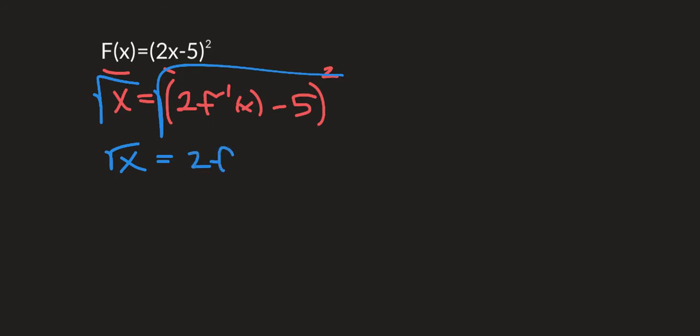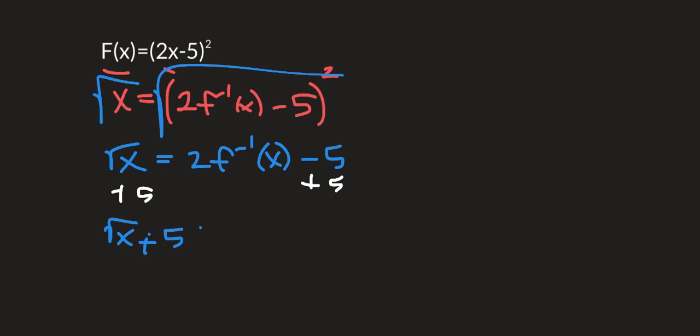So 2 times the inverse minus 5. Okay, so now we are going to need to work this out the way that we did just before. So we're going to add 5 to both sides. And just like we did once before, this square root x and the 5 are separate. So this is going to be the square root of x plus 5.